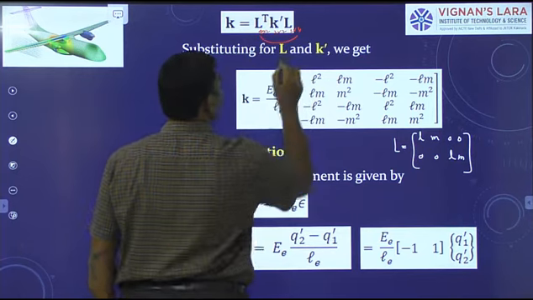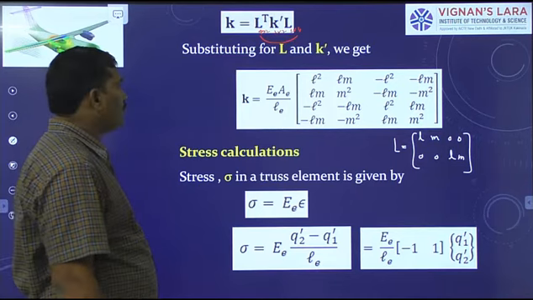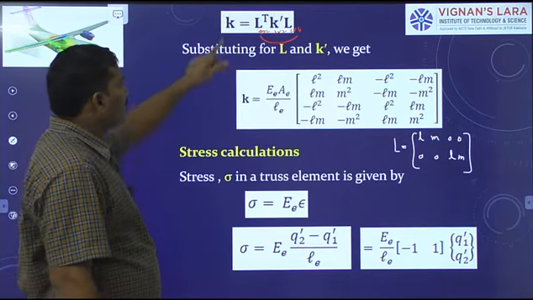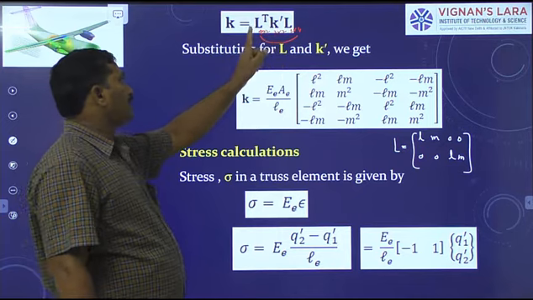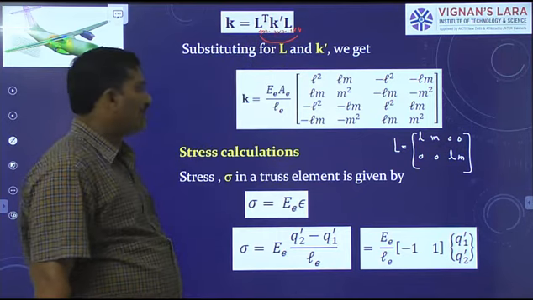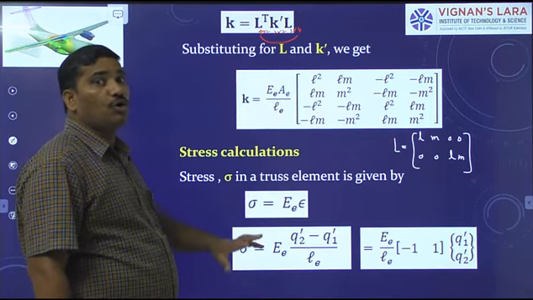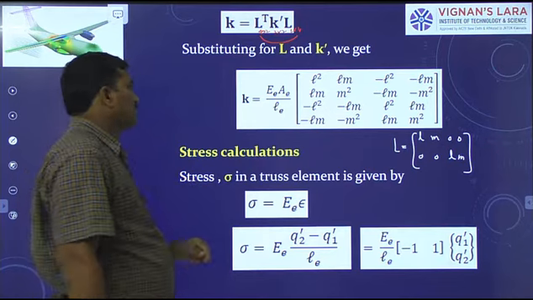The resultant matrix has size 4 by 4. Therefore, if you multiply L transpose with K dash, then K dash with L, you get a matrix like this for the element stiffness of the truss element with respect to the global reference frame.